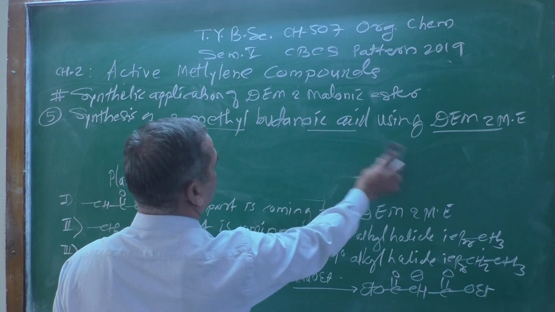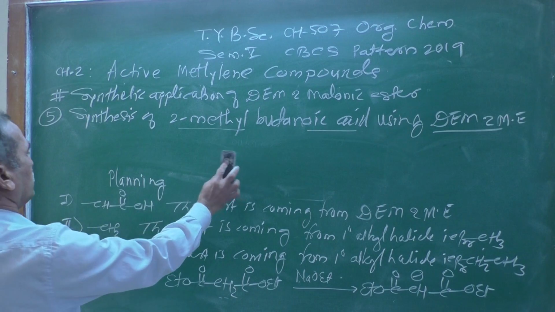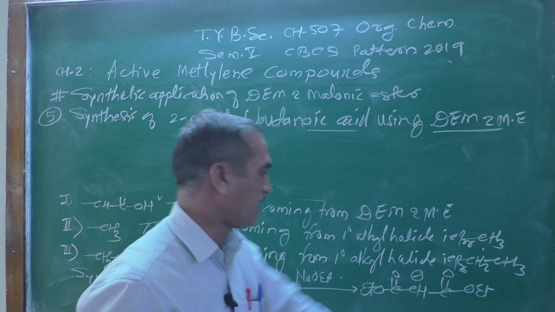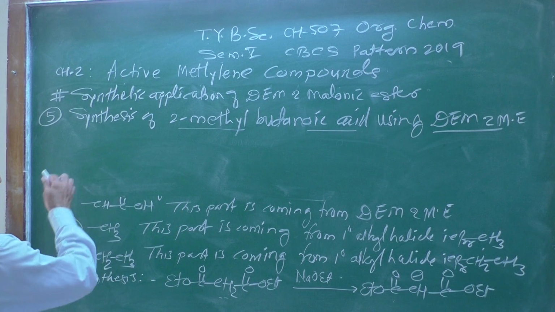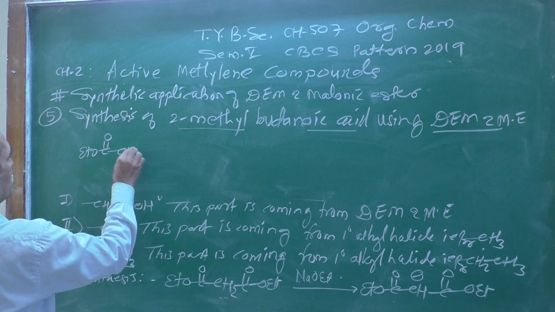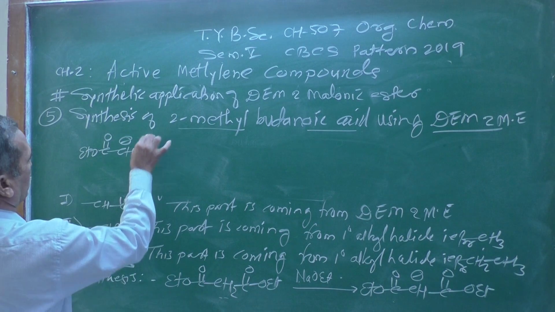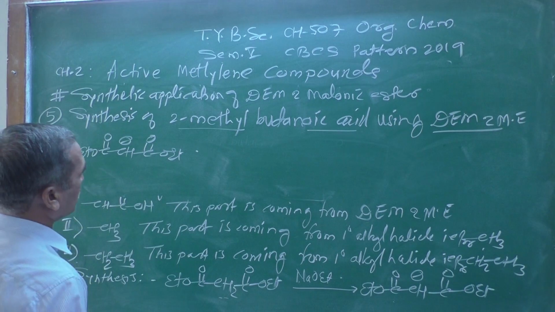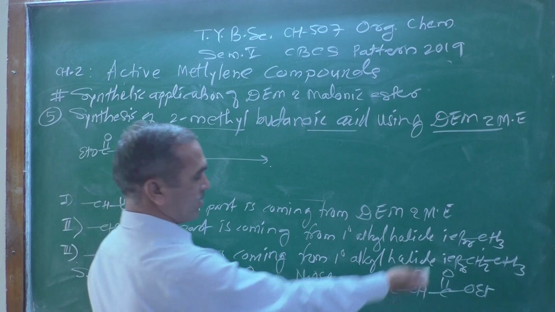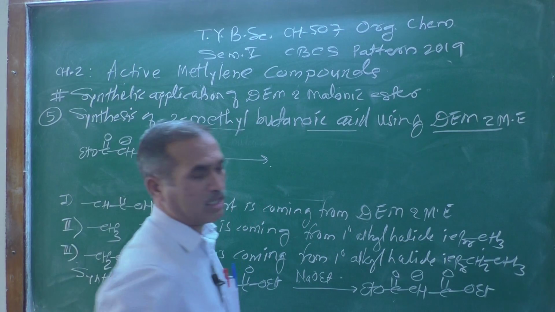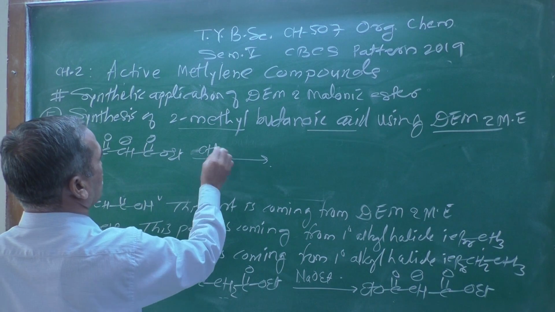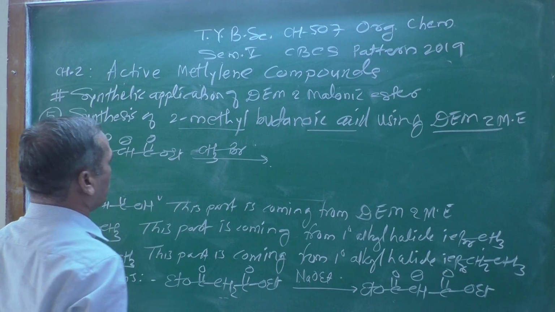And now here I am going to take this molecule as such, EtO, C double bond O, CH minus, C double bond O, OEt, and after that I am going to use either this primary alkyl halide or another one.